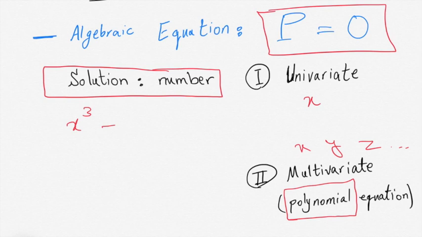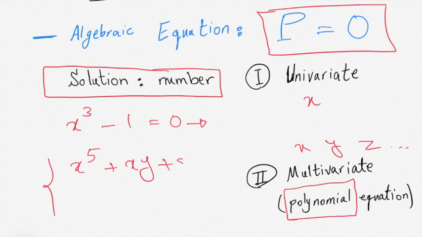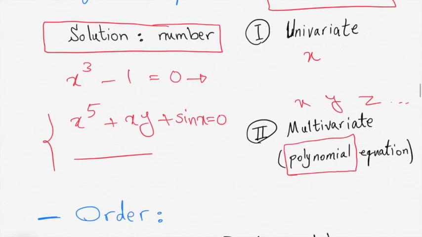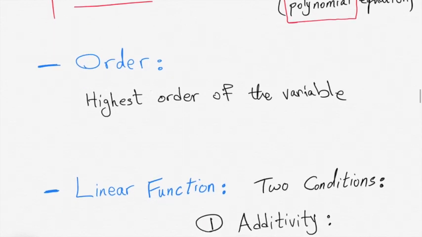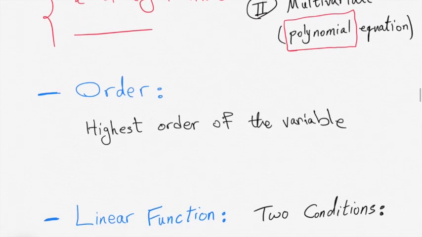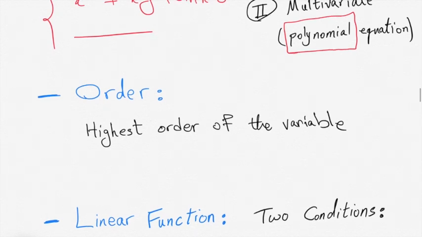So let's, for instance, take x^3 minus 1 equal to 0, and then you have a solution for this. Or if you have a set of equations like x^5 plus xy plus sine of x equal to 0 and another equation, you can solve for two variables. These are polynomial forms of algebraic equations, which I am sure you are quite familiar with.